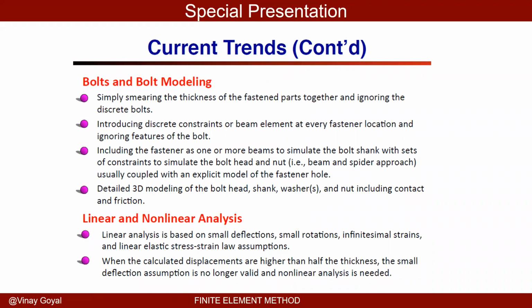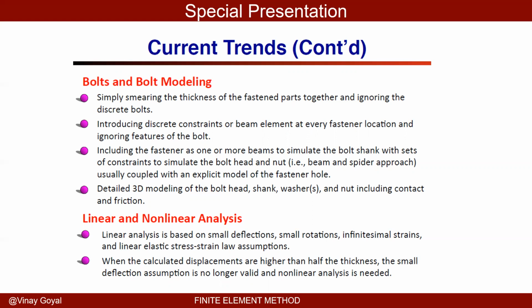Here are some of the current trends which I just summarized here. I don't want to go into all the details. Bolts and bolt modeling is one of the most widely differing modeling techniques that are used everywhere in the analysis domains. Simple smearing of the thickness is done, introducing discrete constraints from where the bolt is, using a beam element and a fastener.